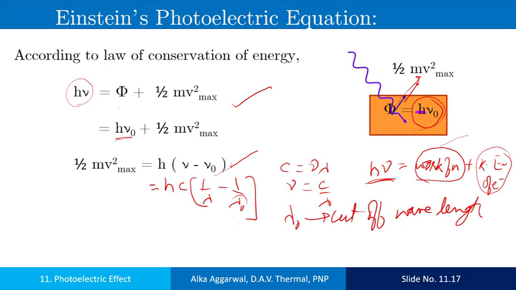No photoelectric emission takes place if the wavelength is more than lambda naught. Means if a substance gives out the electron for green color, then it will not give the photoelectrons for the red color, orange color. Okay.